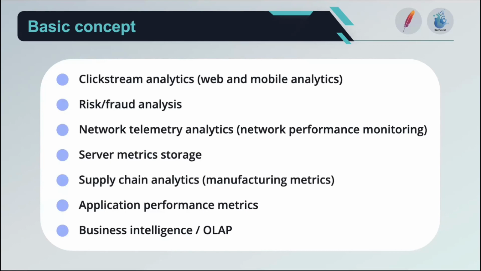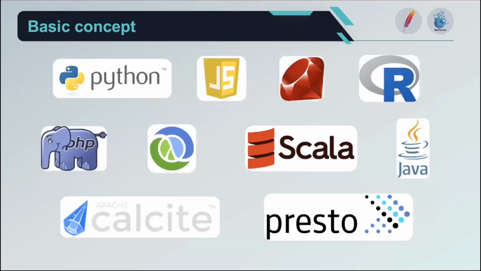And also, Druid can be used to support supply chain, APM, BI, and OLAP. Druid has a huge community and supports a large number of clients, including Python, JavaScript, Ruby, R, PHP, Scala, Java, Presto, Trino, etc.